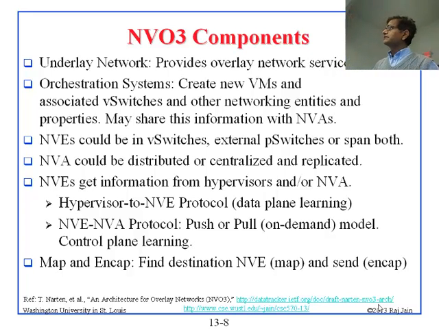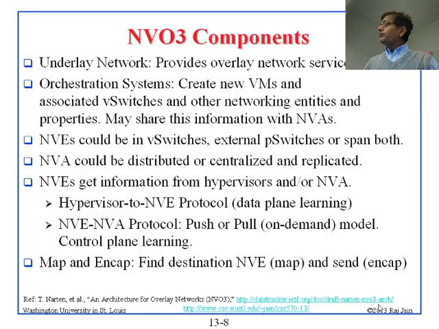So that is your orchestration system. NVEs could be in vSwitches, external physical switches, or span both. So NVE is the thing that connects VMs, and that could be a virtual switch, or it could be a physical switch. Or both, just like in VEPA. You use the internal as well as the external.